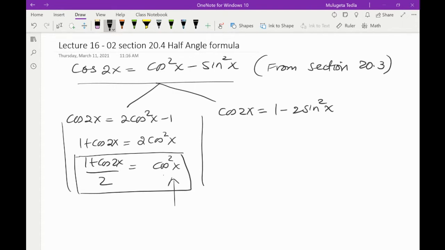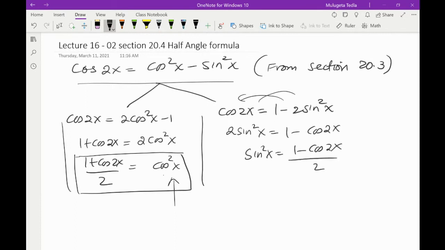So all I have to do is take this to the left, 2 sine squared of x, and take this to the right, 1 minus cos 2x. So sine squared of x is (1 minus cos 2x) over 2. This is another half angle formula, right?